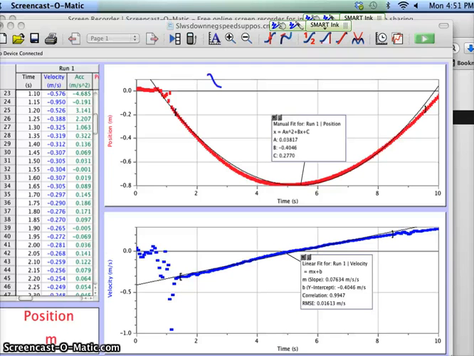It'll be position equals, take this number, 0.04, and then this number will have units, times t squared, plus negative 0.4, and that number is going to have units, times t, plus 0.3, and that number is going to have units.